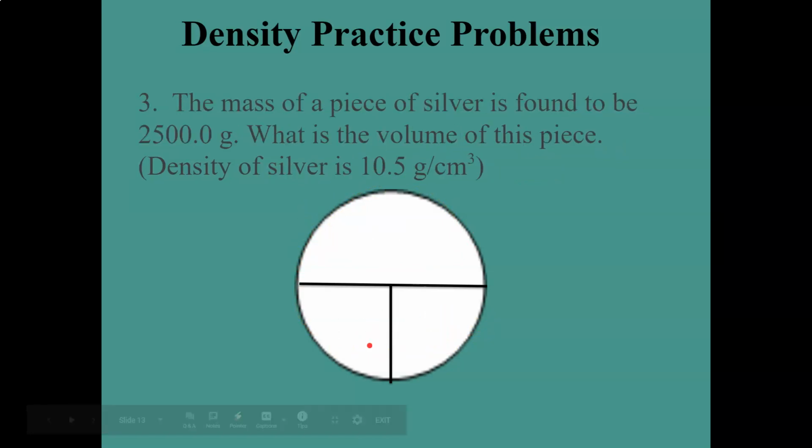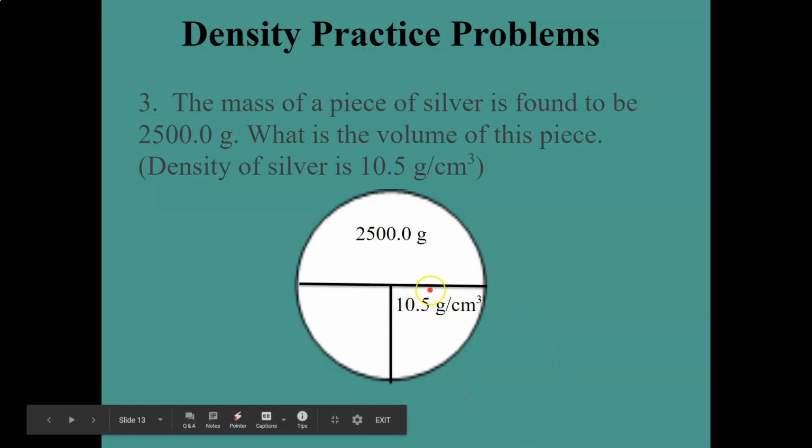Again, just solving for volume this time, we are using the circle to show how we can manipulate the information we have to solve for what we don't. We know the mass of the piece of silver, and we know the density of the piece of silver as well. So we can figure out exactly how much space it takes up.